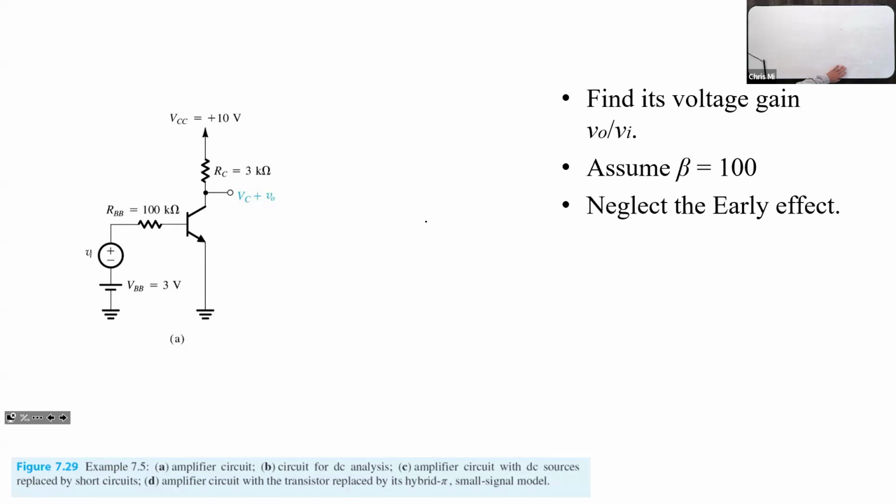Remember, to find the gain, you always have to find Gm, and to find Gm, you have to solve for the DC biasing.